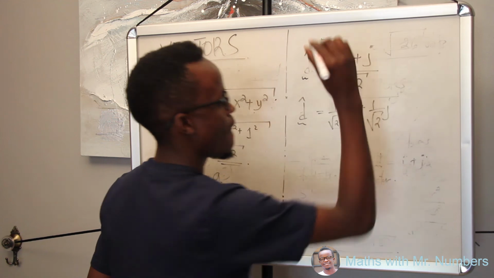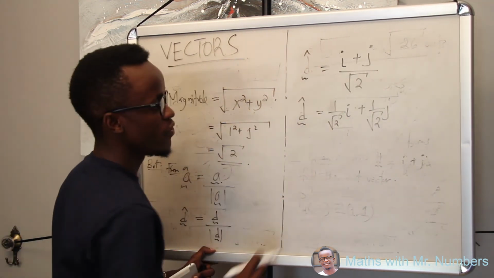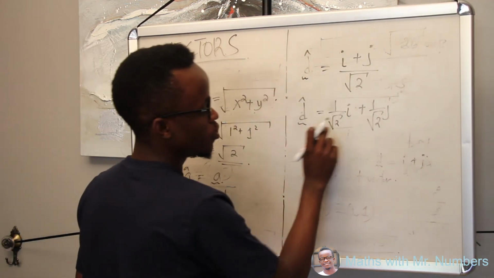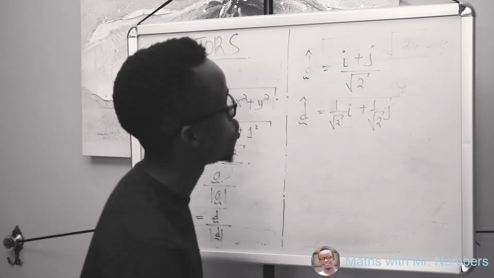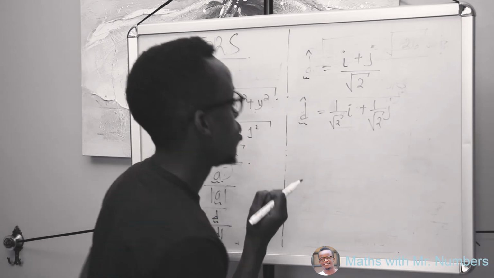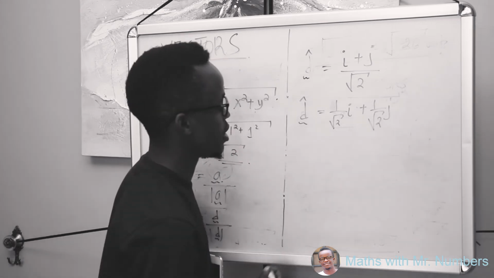Therefore, the unit vector of D equals 1 over root 2 i plus 1 over root 2 j. But we can also rationalize this, removing the square root of 2 in the denominator, so that we are not going to have this root at the denominator.